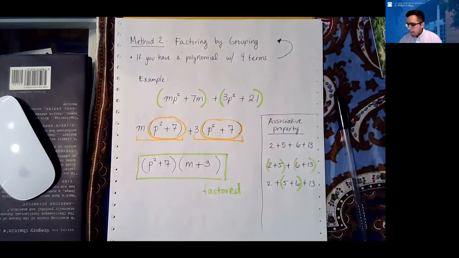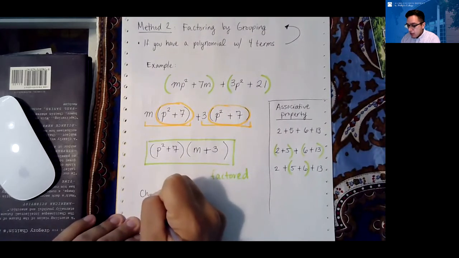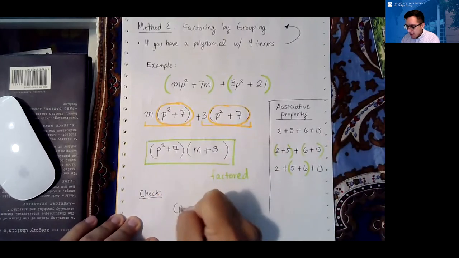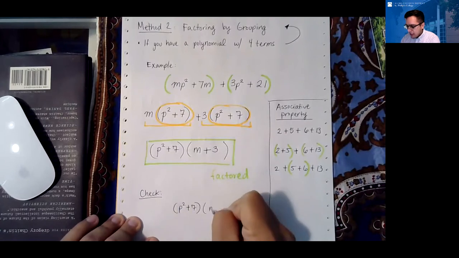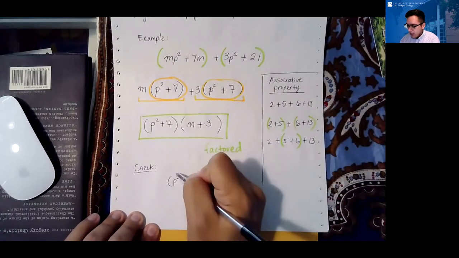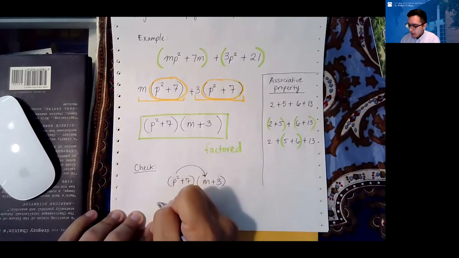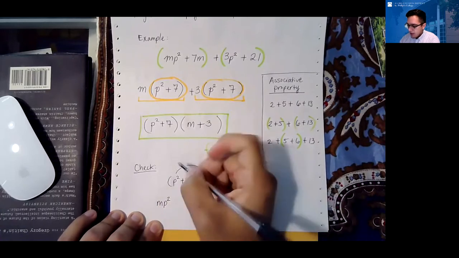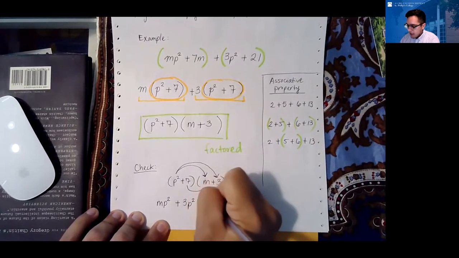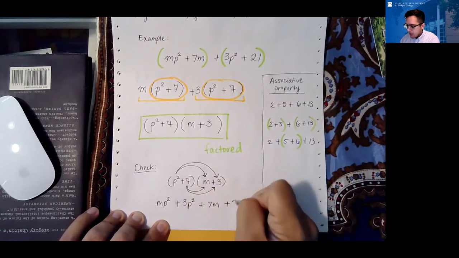Is there a way to check your work on this method? Because I know there is with the method we just went over, but like with that last answer. So to check any factorization, you multiply it out. So if I have this as my factorization, and I think that that is the correct answer, well, I can go ahead and multiply or FOIL: p squared times m gives me mp squared, times 3 gives me 3p squared. 7 times m gives me a 7m, and 7 times 3 gives me 21.